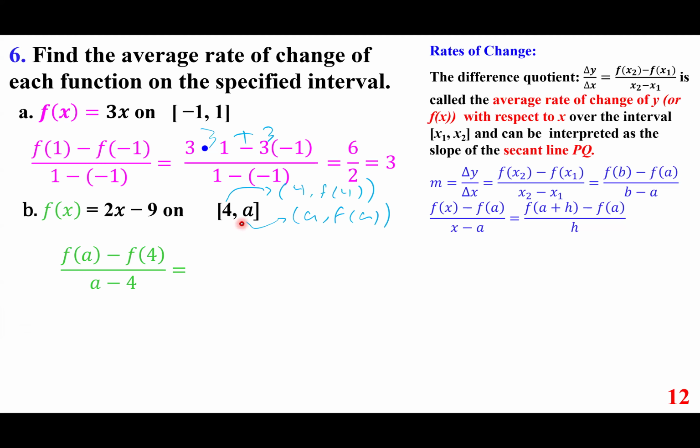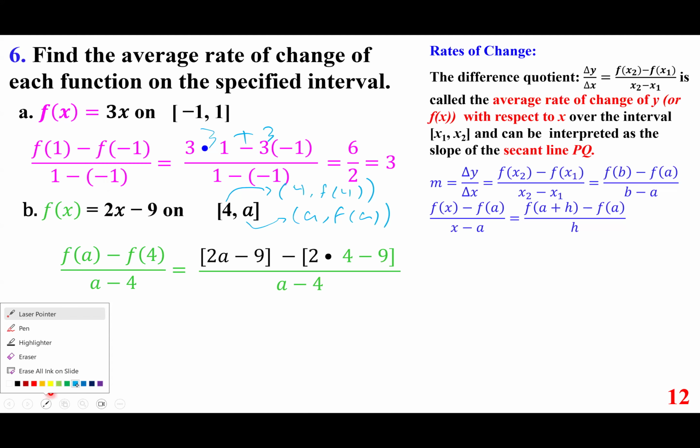Having said that, let's plug in a. So f of a is 2a minus 9. F of 4 is minus, in brackets or parentheses, 2 times 4 minus 9. And the bottom is a minus 4. So this is 8 minus 9, which makes it -1.